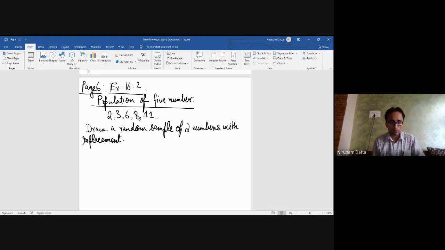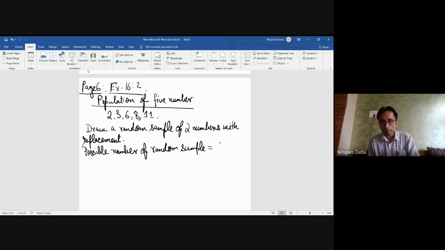So the possible number of random samples: we can draw the first number in 5 different ways, and we can also draw the second number in 5 different ways. So the total number of possible random samples will be 25.